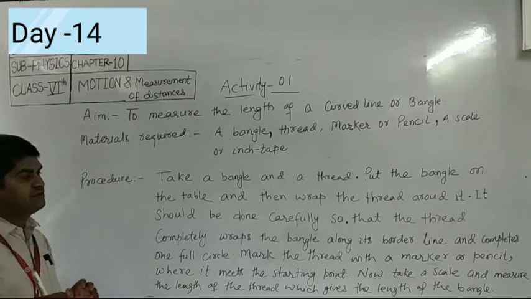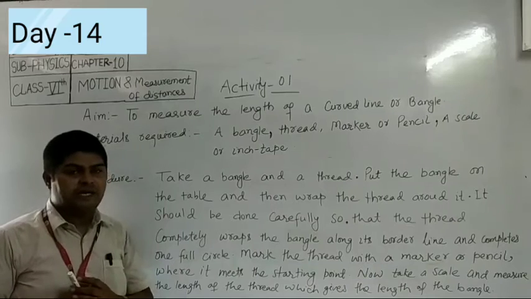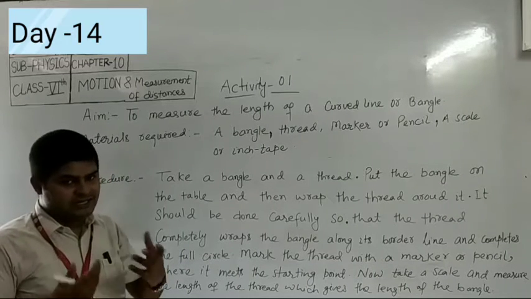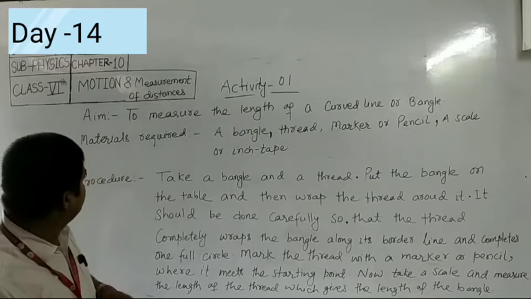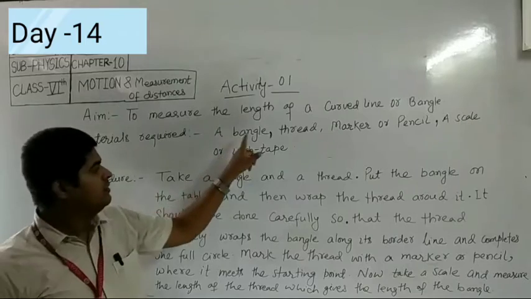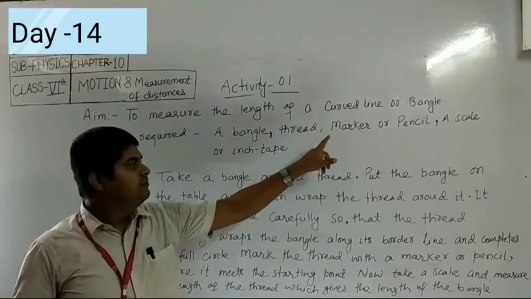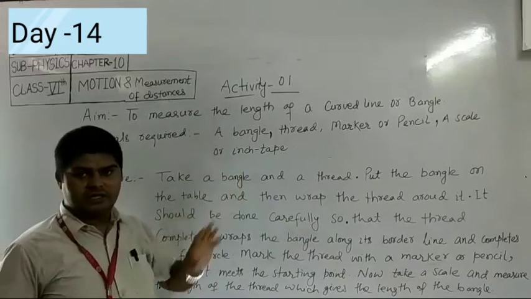That means today we will learn how to measure any curved line, like a bangle or any other thing in a curved shape. The material required is a bangle, thread, marker or pencil, and a scale or inch tape.